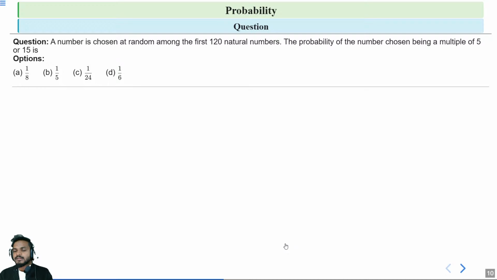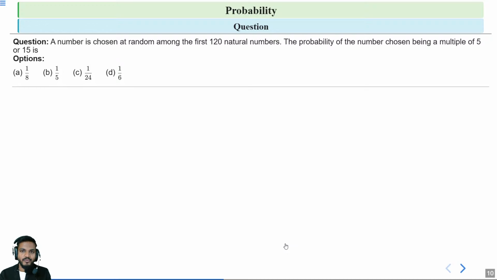Then the probability of the number chosen being a multiple of 5 or 15 is. So what is the event? The event is choosing a number and that number being a multiple of 5 or 15.